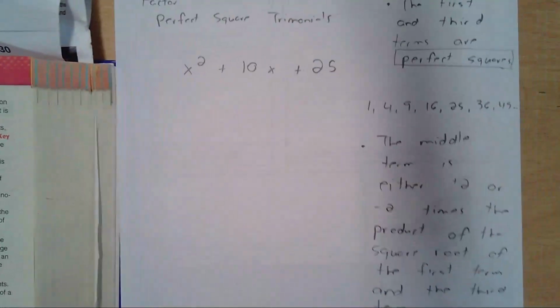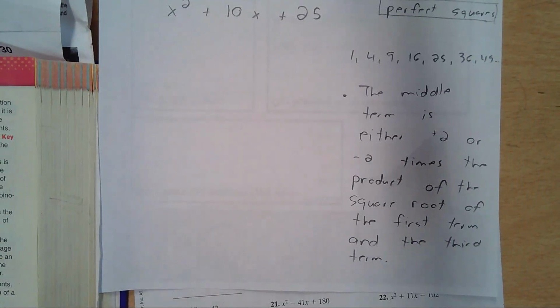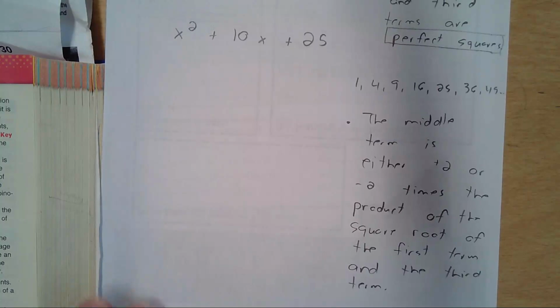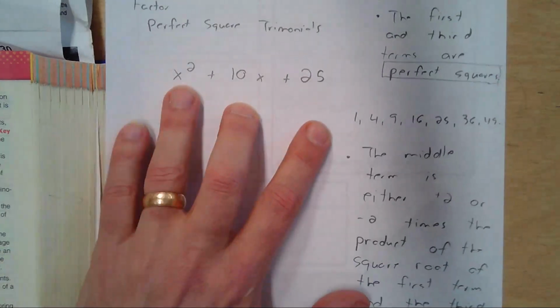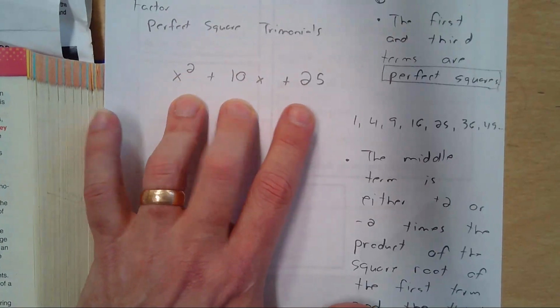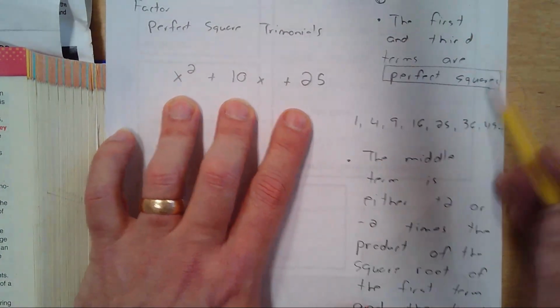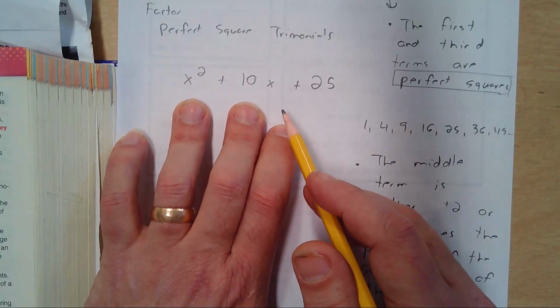So it's kind of a mouthful, but I'll show you how this works. The middle term is either positive 2 or negative 2 times the product of the square root of the first term and the third term. Again, it sounds like a lot, but this will meet the perfect square trinomial criteria, because the first and third terms are perfect squares.